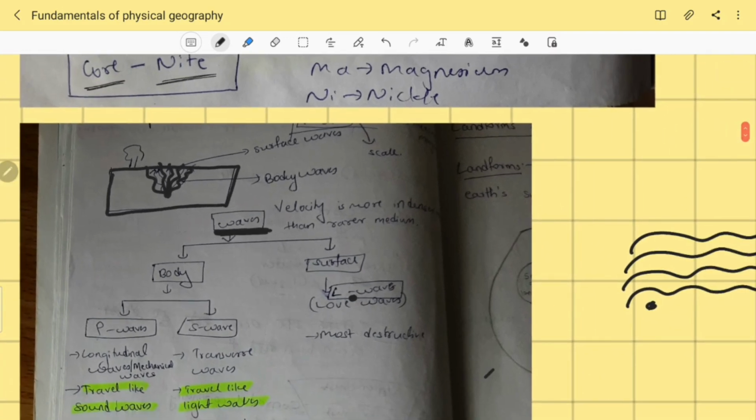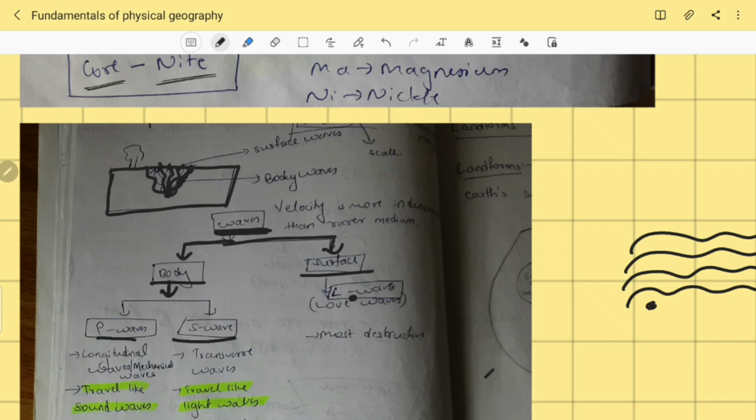Okay, there are two types of waves. One is body wave, the other one is surface wave. In body waves, again we have two types, one is P wave and the other S wave. Now first we will study what is the difference between body wave and surface wave. Body waves are those waves which are in the body of the earth.